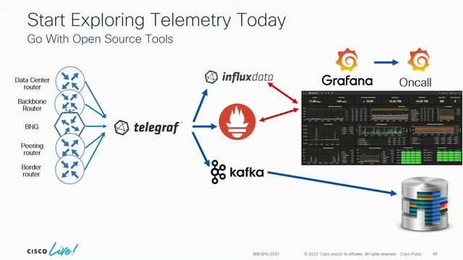I will talk a bit more about Telegraf in a bit. Once your data is exported from Telegraf, you have multiple options, because Telegraf is super powerful with tons of output and input plugins. And you can use it in any preferable combination.